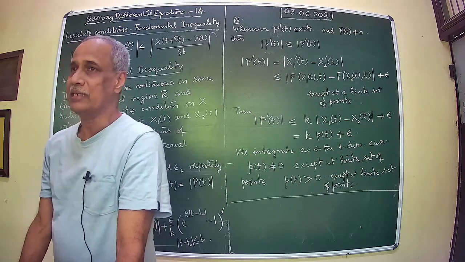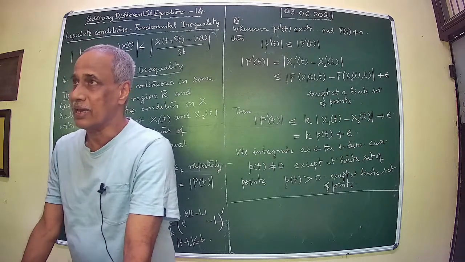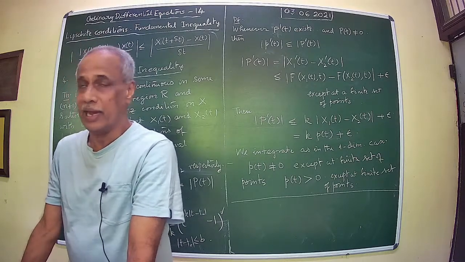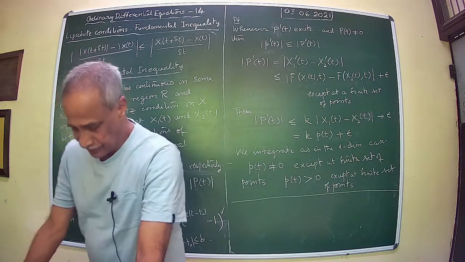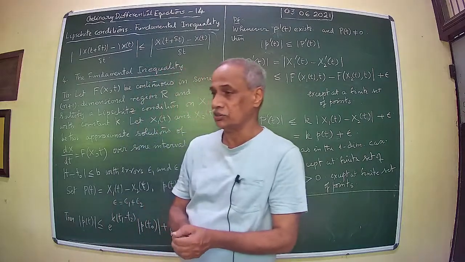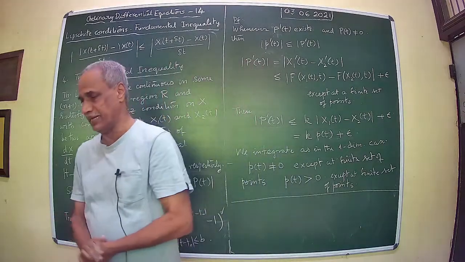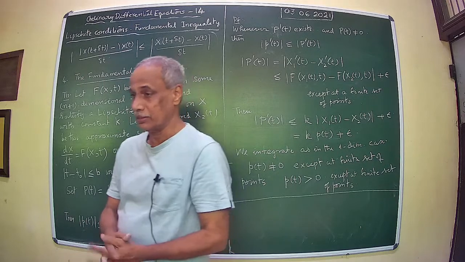So from that you can infer the conditions under which an exact solution of an initial value problem exists and so on. That we will formulate towards the end, for higher order equations.